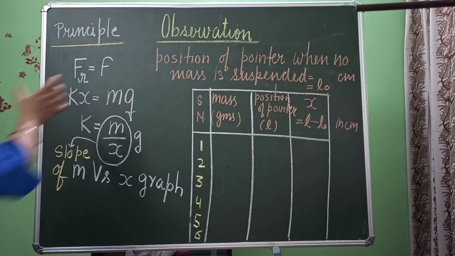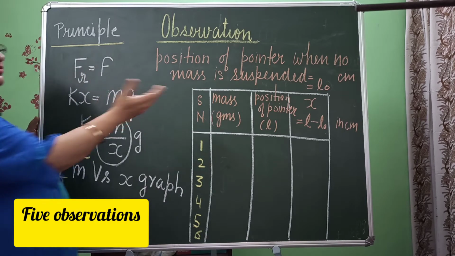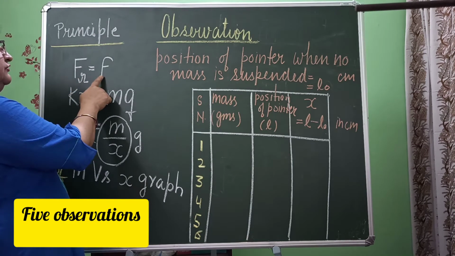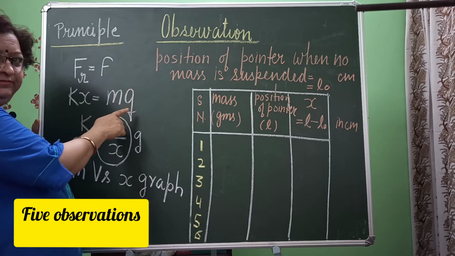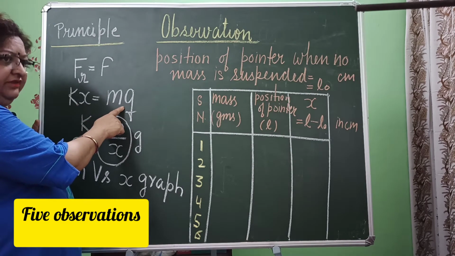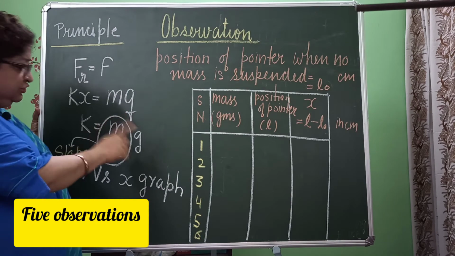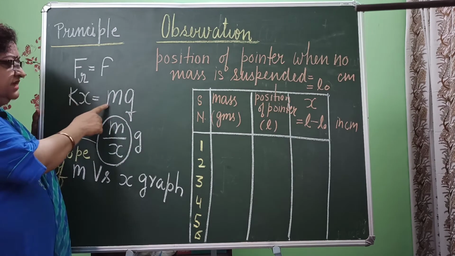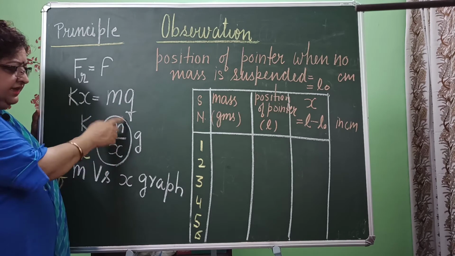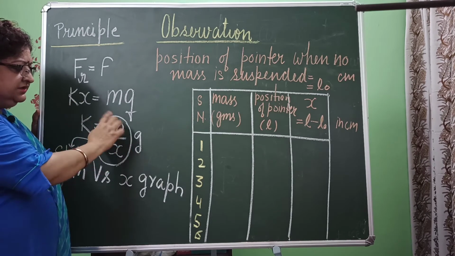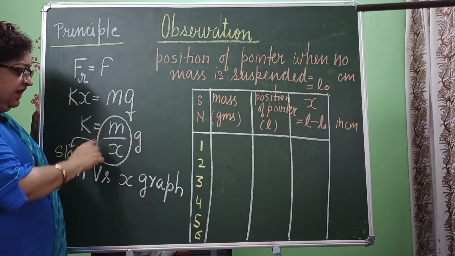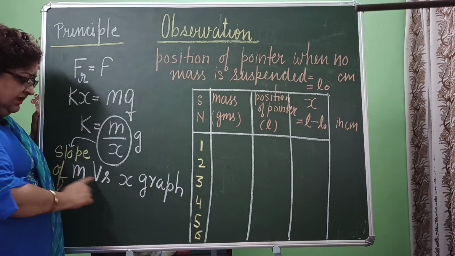This principle says that we are going to note down the readings when the restoring force is equal to the deforming force. Restoring force Kx is equal to gravitational force mg. So K can be written as mg upon x. Then take the m upon x separately and g here. We have to draw the mass versus x graph.